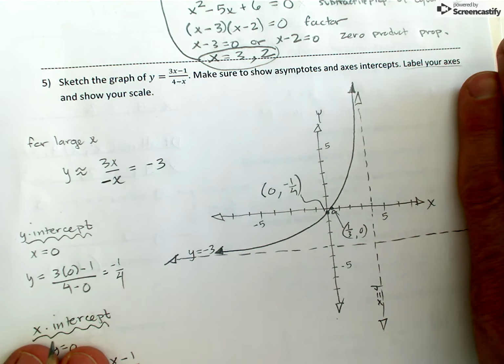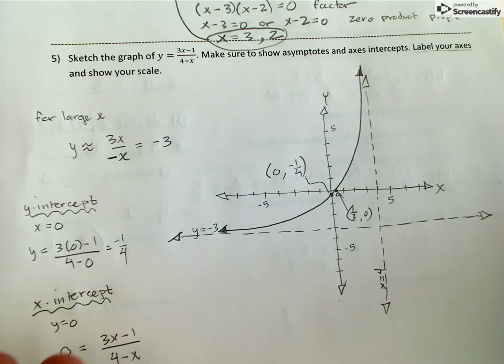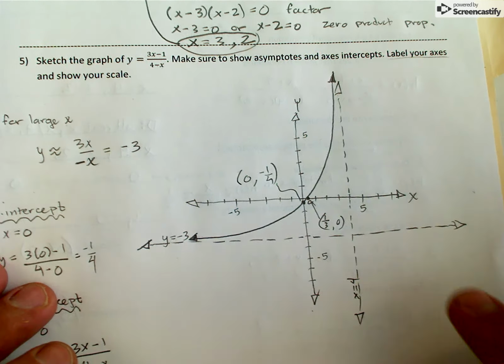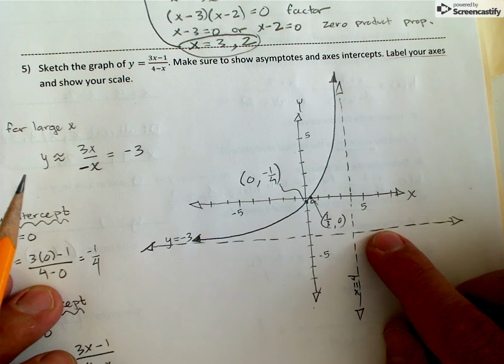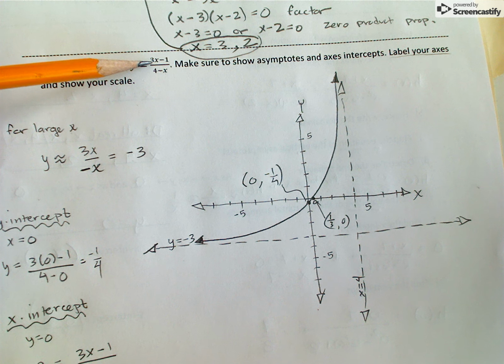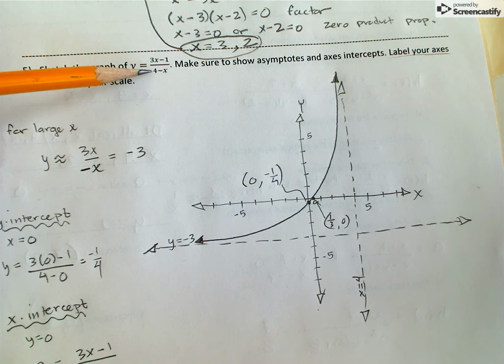Now I'm just going to test a point on this half of the graph to make sure I draw the other half of the curve in the appropriate place. So let me just think about x equal to 5. And if I plug 5 into this function, I get 15 minus 1, I get 14 on the top. And 4 minus 5, I get negative 1 on the bottom.